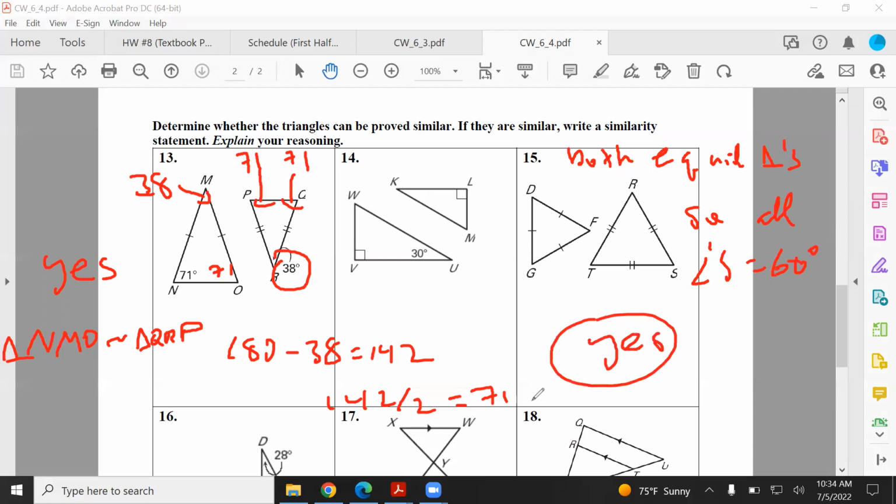And you can say triangle DFG is similar to triangle RST. It doesn't really matter about the order because all the angles are the same. But if the angles are different, if it's scaling or if it's isosceles, then you have to be a little bit mindful of the order.